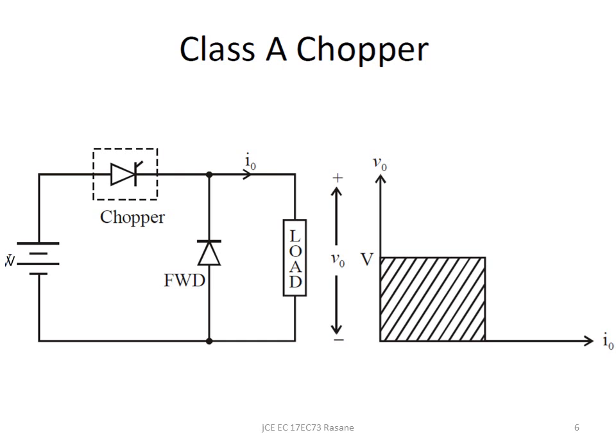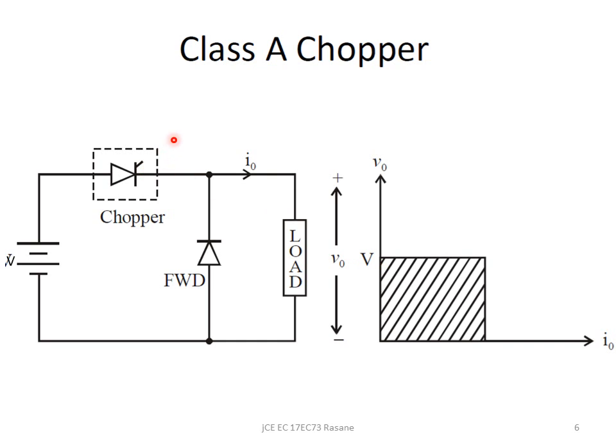Coming to the class A, this is your class A chopper, and we can see that in the circuit diagram, the chopper is connected in series with the input voltage. We have the freewheeling diode, so it's very similar to the step down chopper. When the chopper is on, the input supply will be connected to the load with plus minus polarity, so I will get positive voltage at the output.